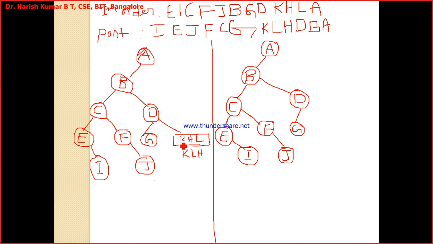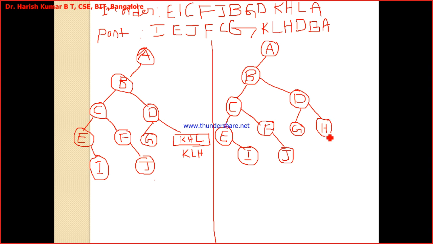Yes, sir. In this sequence, you have to take the character which comes last in the post order traversal. That will be the right child of D. Now we have H as the right child.